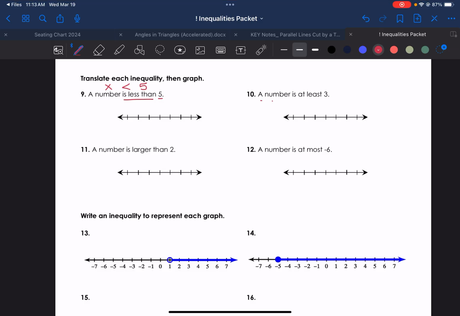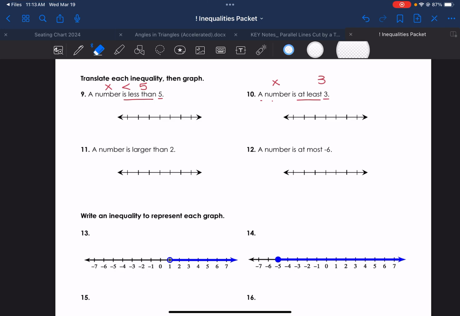A number, x, is at least 3. So we know the number is 3, but at least. Think about what that means. At least. I at least want to eat 3 chocolates. So 3 is my least amount.